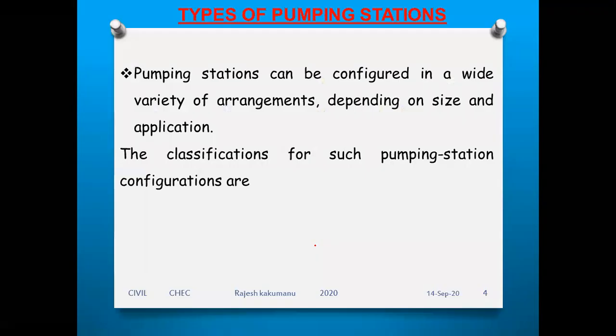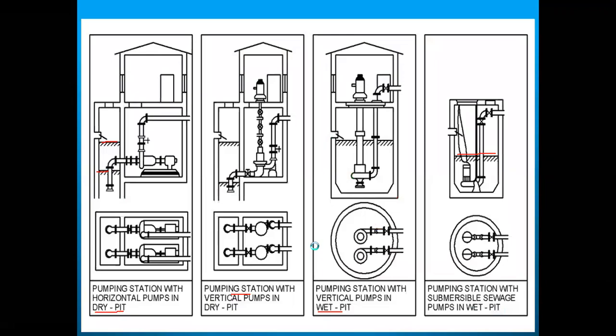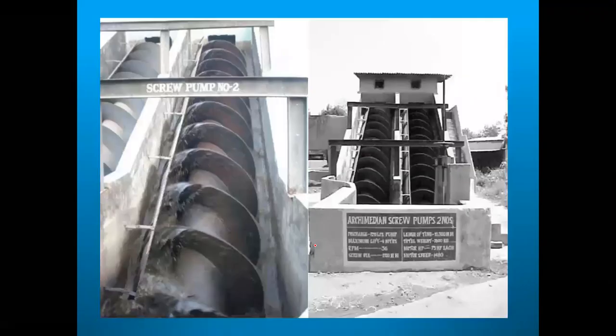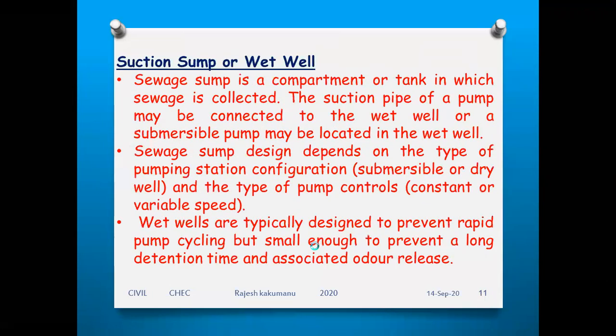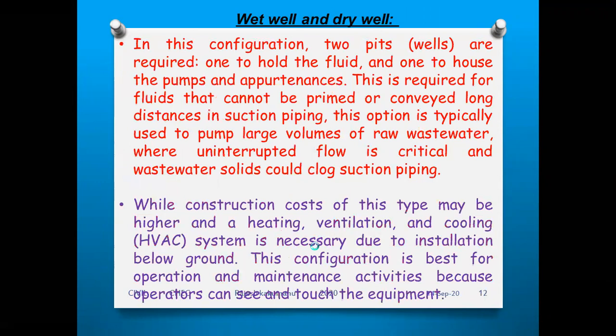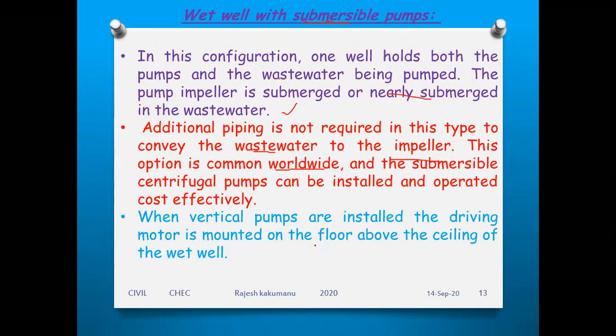So these are the various types of pumping stations, their configuration. This is a screw pump and the selection of the pumping stations and the location of the pumping stations and the maintenance of the pumping stations. So this ends your unit 2.